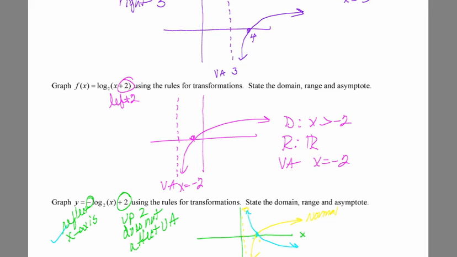So that means this point right here at 1 is going to become what? This is 1, 0. So if I go up 2, it's going to be 1, 2. Take the blue shape, shift it up 2 units, and you will get a graph that looks like this.